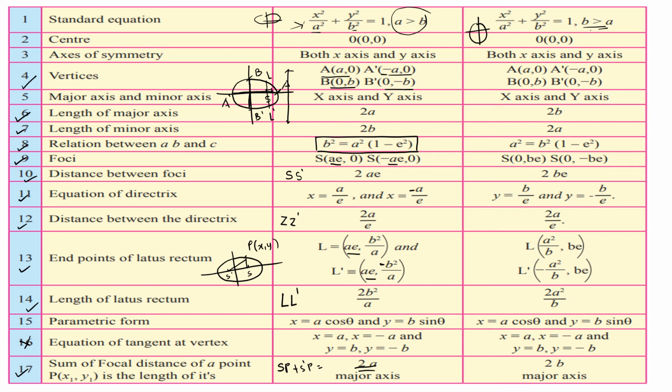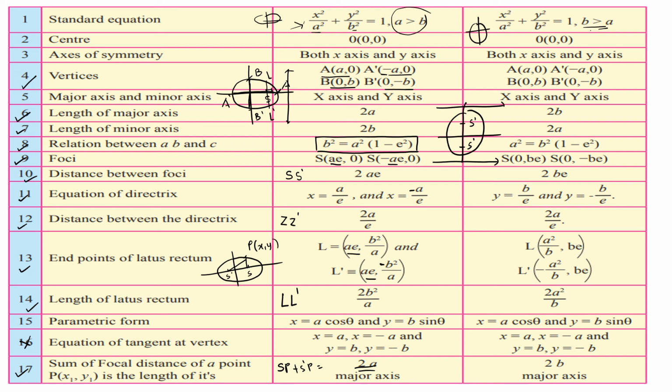Okay? Now the same things you will try to find out for the ellipse where b is greater than a. If b is greater than a, the ellipse becomes vertical. I'll draw once more. This will be my ellipse, and my directrices will come like this. So my focus is lying on the y axis, and the directrices are parallel to the x axis.